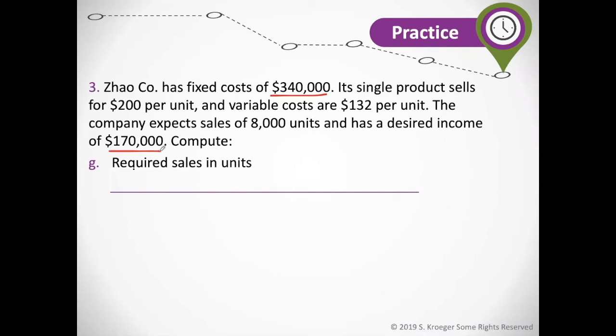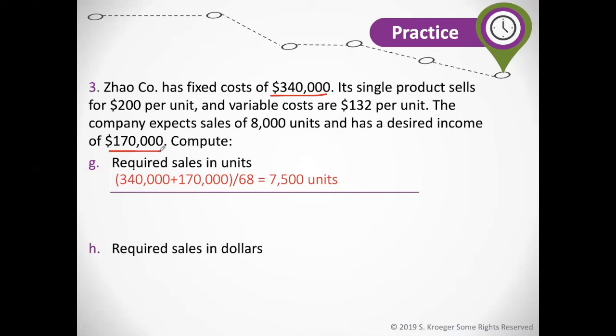This is our numerator. Our denominator is our contribution margin per unit, which we calculated in part A. It was $68. $340,000 plus $170,000 is $510,000. Divided by 68 gives us 7,500 units. This means that we need to sell 7,500 units in order to earn $170,000 as our net income.